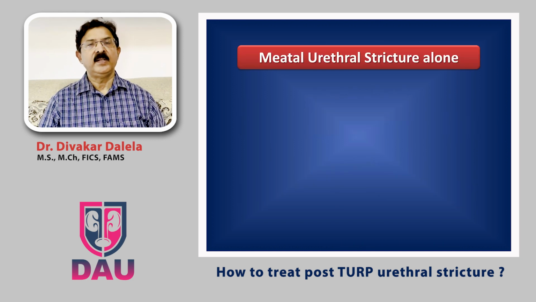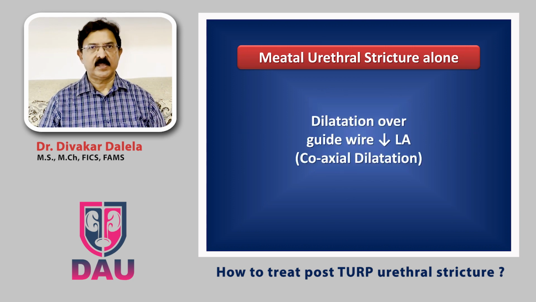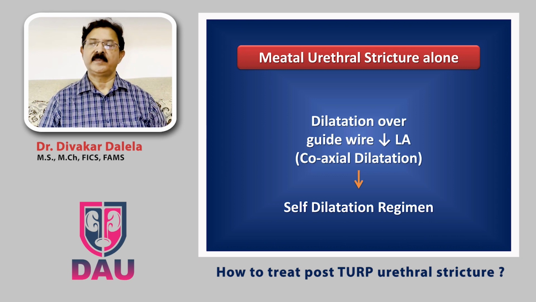Now let me try and explain to you on the basis of different locations of strictures that can happen following transurethral resection. Suppose the patient has meatal urethral stricture alone. As I said, initially you can do dilatation over the guide wire and tell the patient to do self-dilatation subsequently.